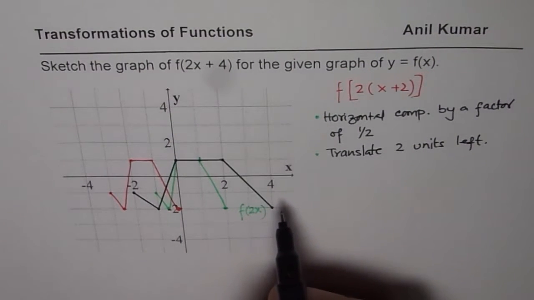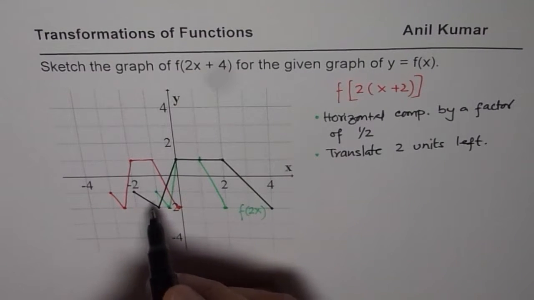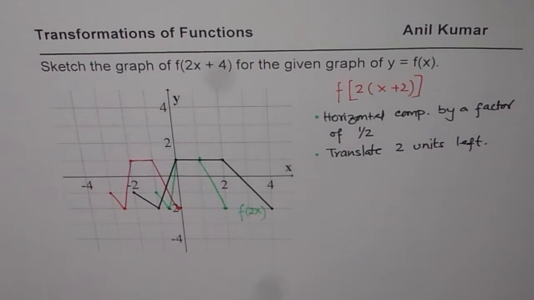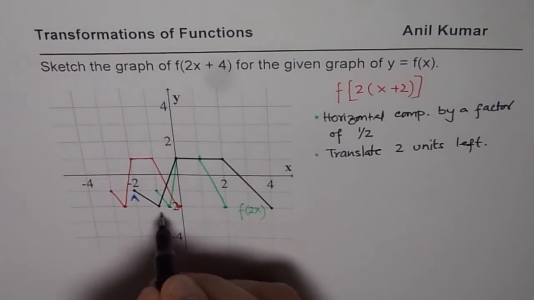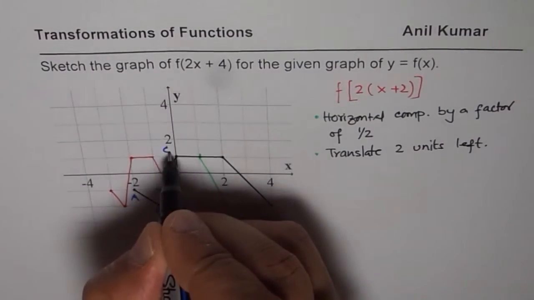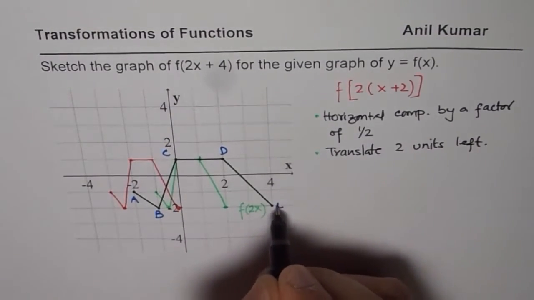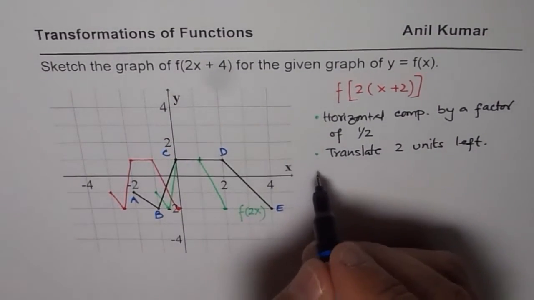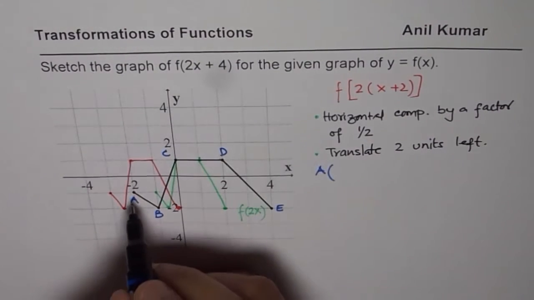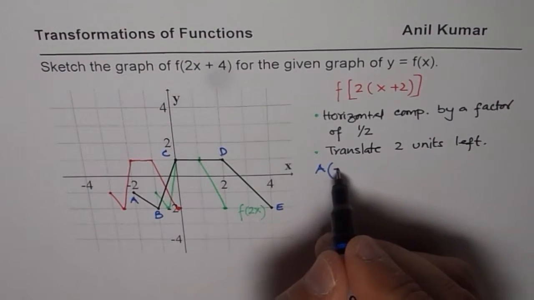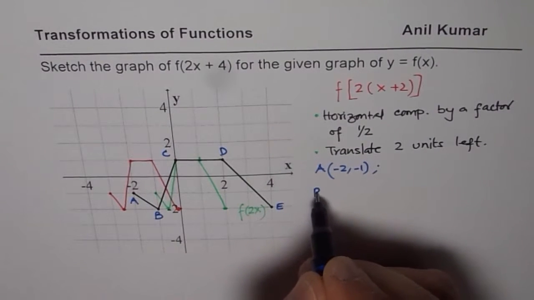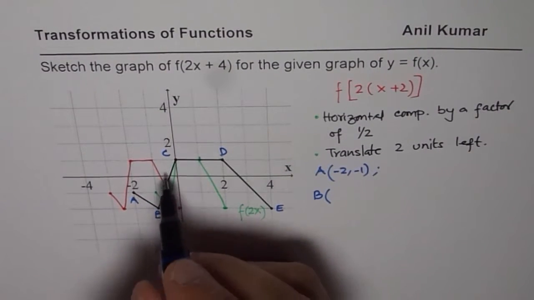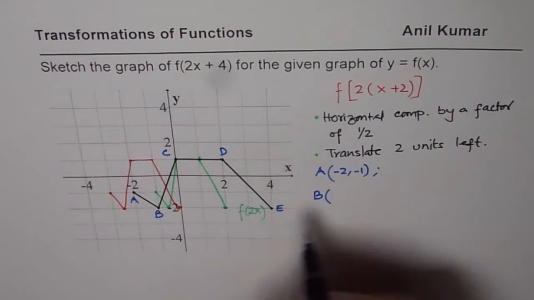An alternate way to do so is to write down the coordinate points. Let's begin by naming these coordinate points. From left to right, let me write them as A, B, C, D, and E, right? The coordinates for A are (-2, -1). For B, we have (-1, -2).